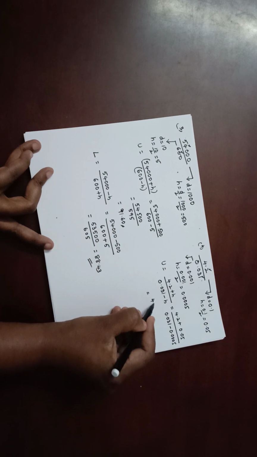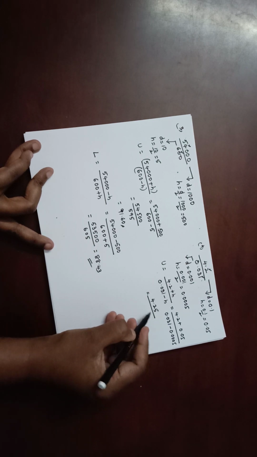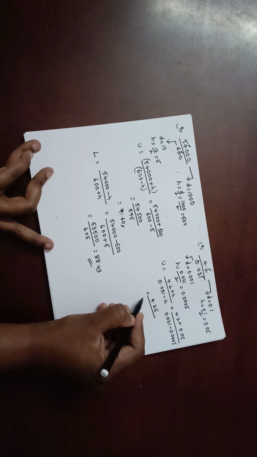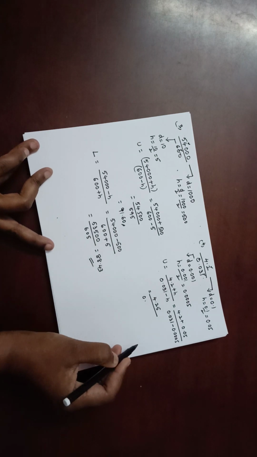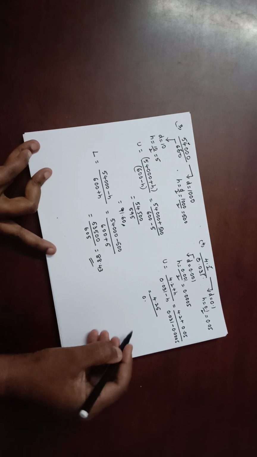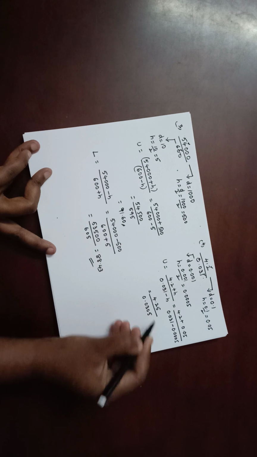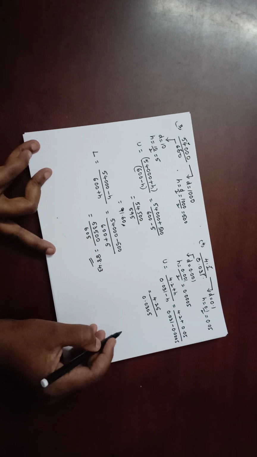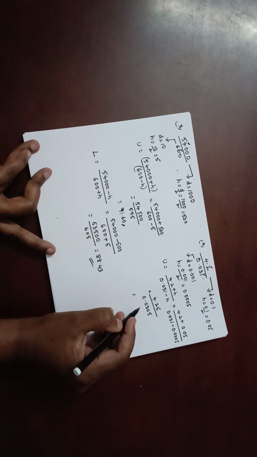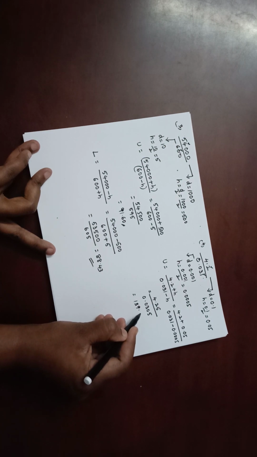So 4.25 divided by, now we are subtracting, 0.0305. After the calculation, this value is 139.34.